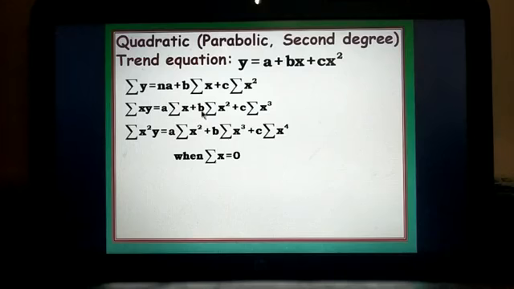Now we want b, so summation of x square can be taken to the left hand side, which becomes divided by. So b is equal to summation of xy divided by summation of x square. Directly we are able to calculate the b value.